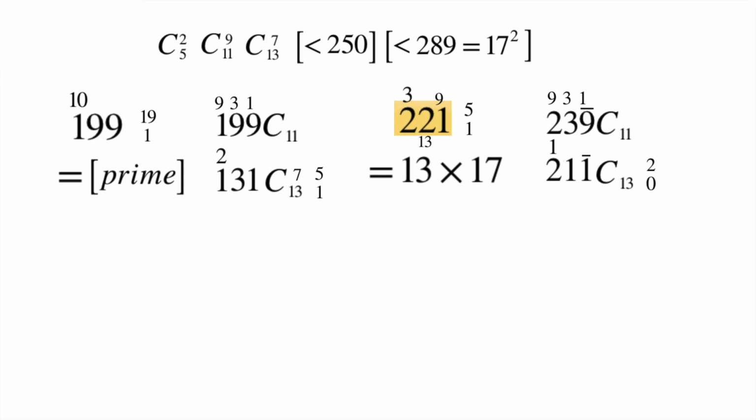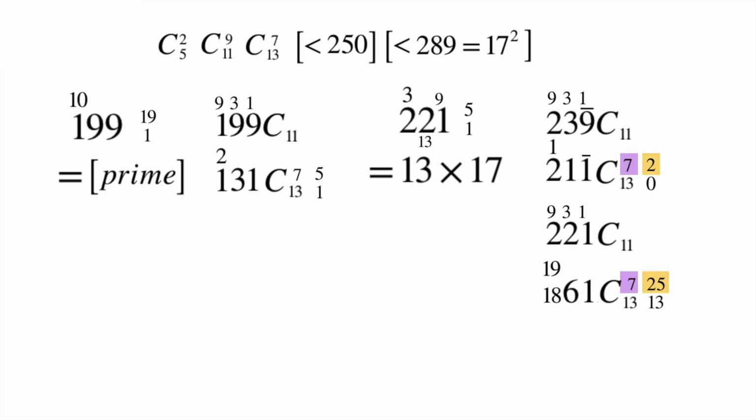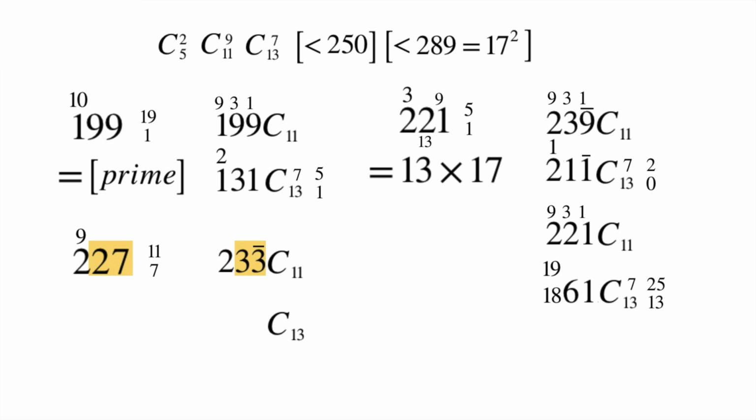Without changing C11, you can make C13, though it's slightly bigger, still showing the same result. Once again, when making C13, change this 7 into negative 3, 30 minus 3, to make it smaller.